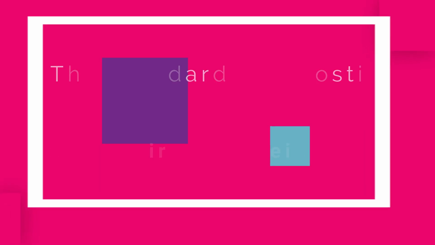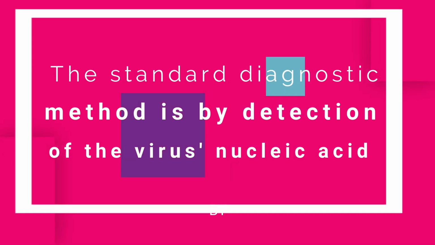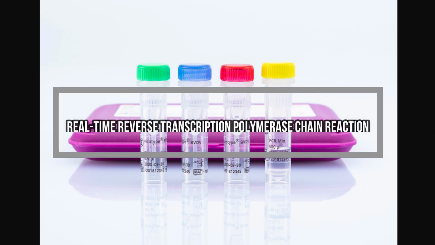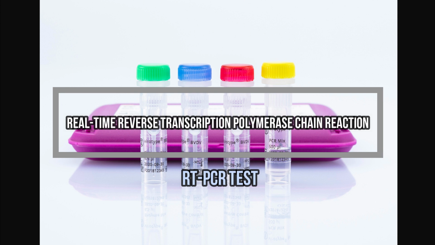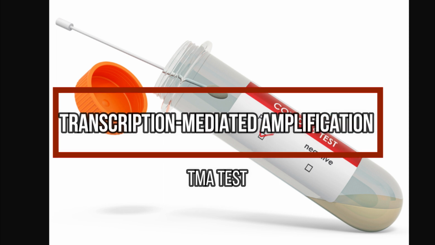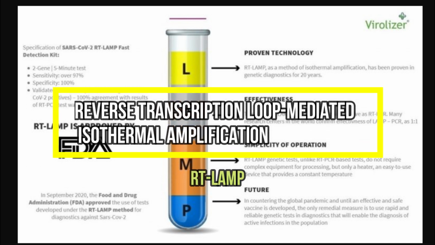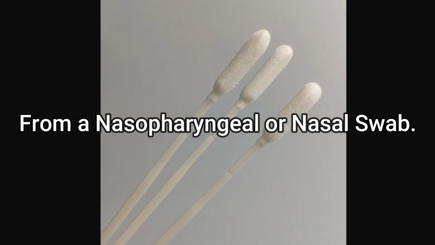The standard diagnostic method is detection of the virus nucleic acid by real-time reverse transcription polymerase chain reaction or RT-PCR, transcription mediated amplification TMA, or reverse transcription loop mediated isothermal amplification RT-LAMP from a nasopharyngeal or nasal swab.